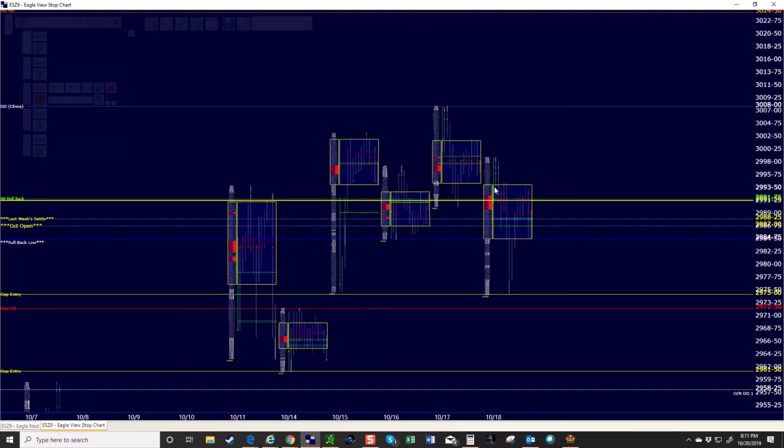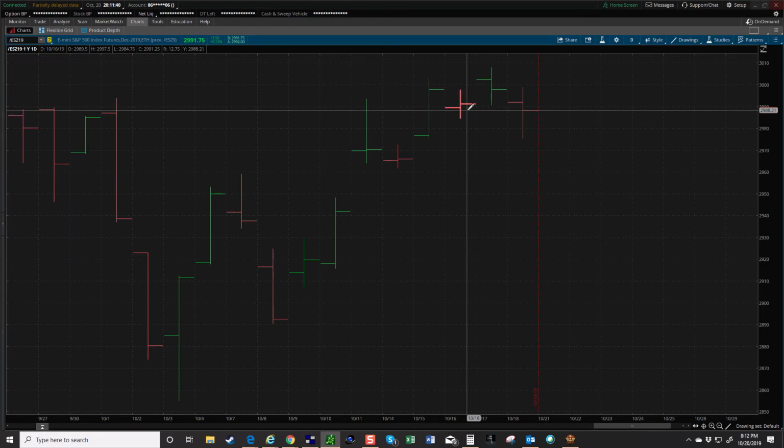That means the market is doing one of two things: one time framing up, elongating value, or we have a double distribution, or we have a gap. If value is below the 4-day half back, you can visualize where you are in the 4-day range.